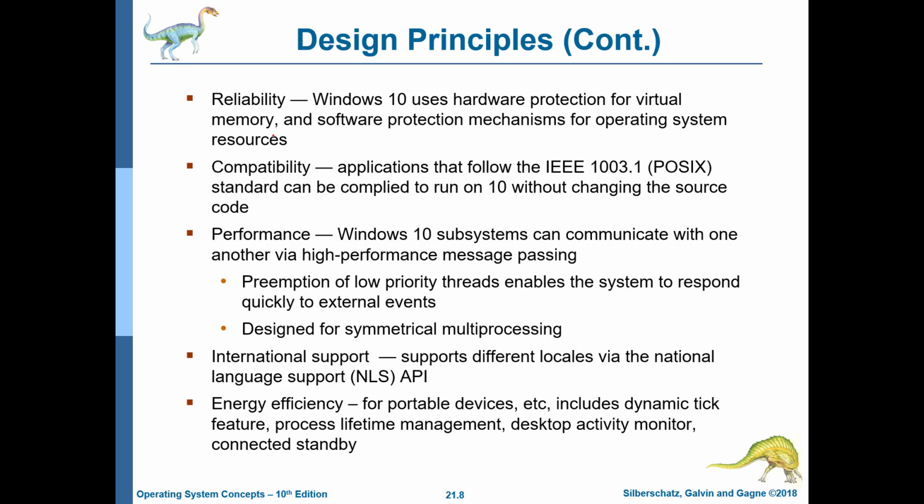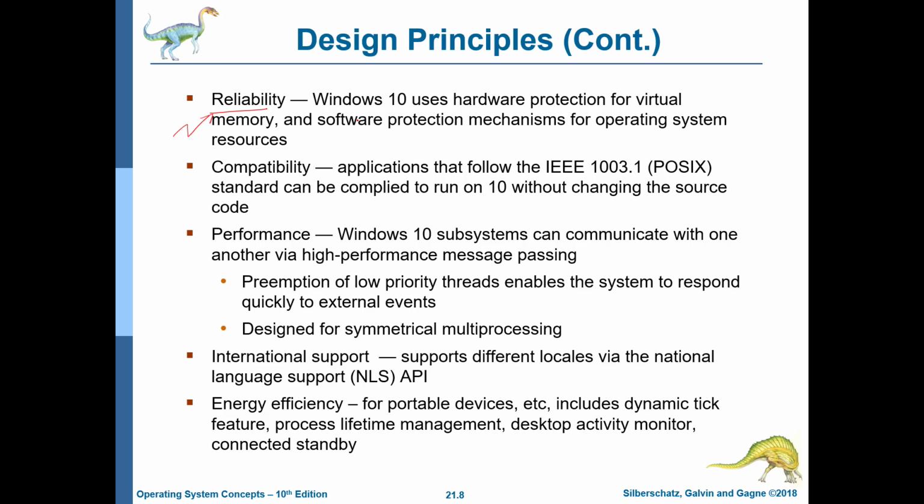So Windows 10 has many more interesting aspects, facets, and features. One of them is reliability. Windows 10 uses almost all the security mechanisms that any hardware provides. Given the fact that Windows is so popular and so widely used, many times hardware vendors and Microsoft work in tandem.